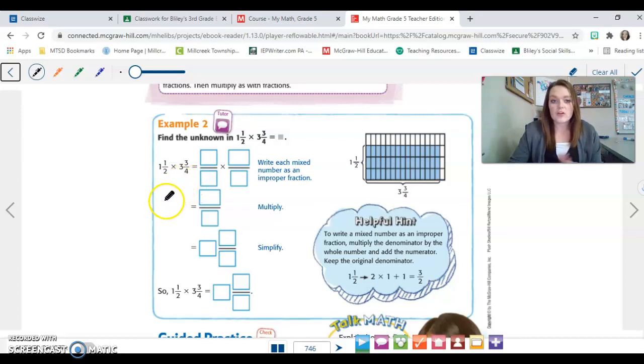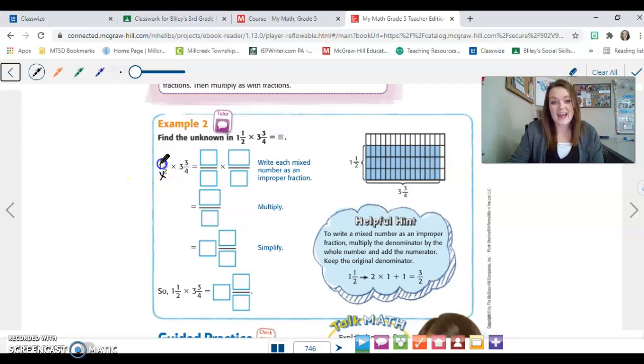So first thing we're going to do, we have 1 1/2. We need to make this fraction improper. So we're making a mixed number into an improper fraction, so it's easier for us to then multiply. We have 1 as our whole number and 1/2 as our fraction. So what we're going to do is times 1 and 2 together. 1 times 2 is 2.